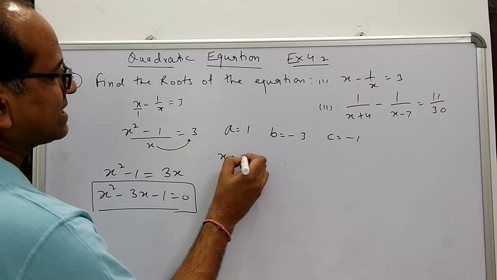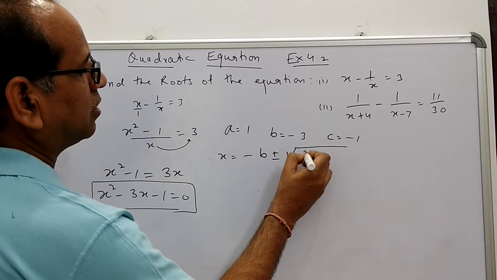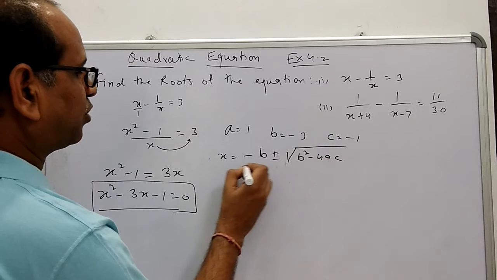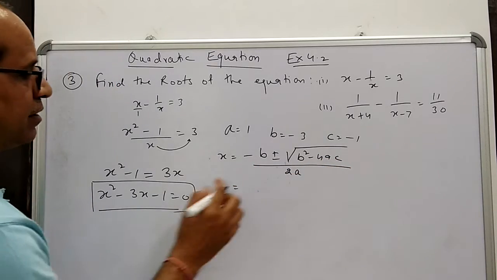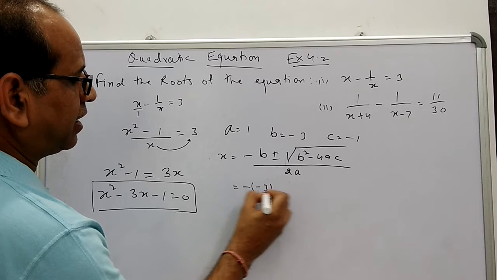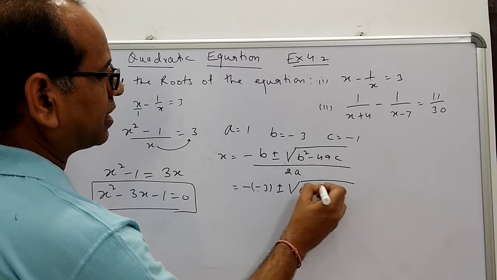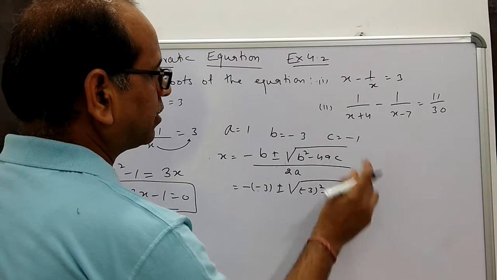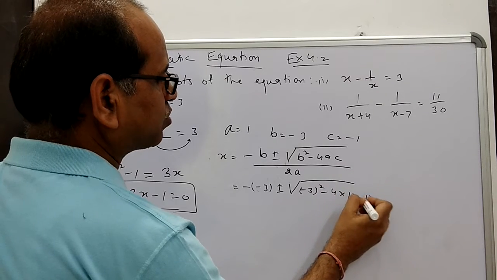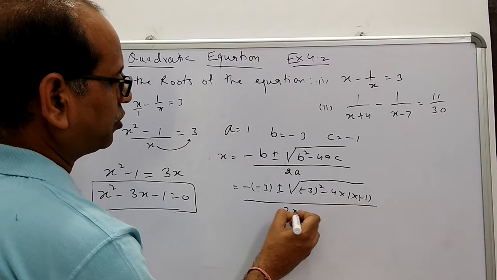The formula is x equals to minus b plus minus root b square minus 4ac upon 2a. So we write here minus of minus 3 plus minus root of minus 3 whole square minus 4 into 1 into minus 1, upon 2 into 1.